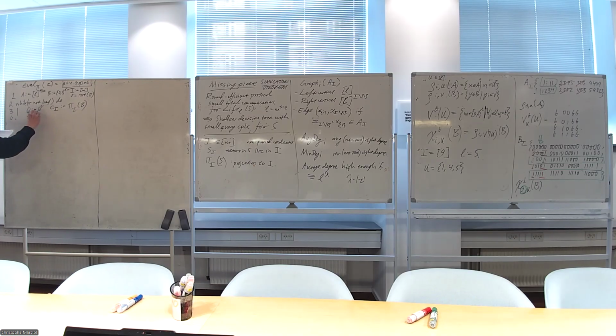Next step. While Alice speaks at V, then we need to check, are we in good shape with our coordinates? Okay.